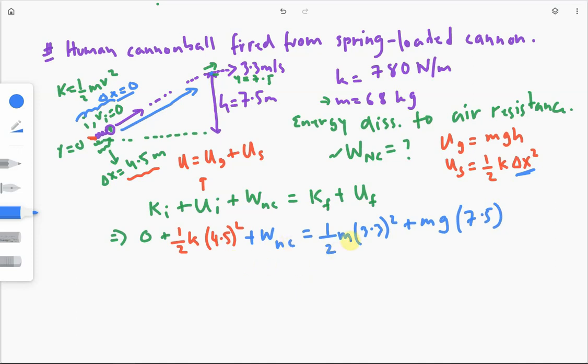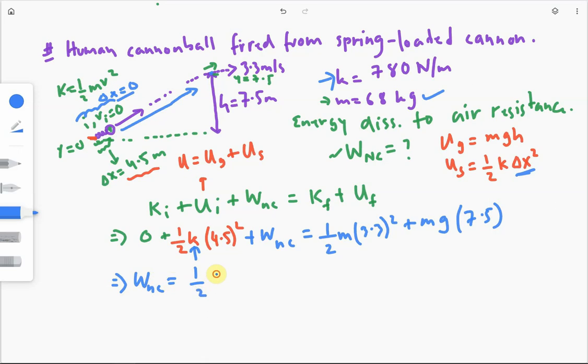We cannot divide off the m terms like we did before because not all of the terms on both sides of the equation have m. So we actually need a mass, and that is given to us. We also need this k, the spring constant of the spring in the question, and that is also given to us. So we have everything, and we want to solve for W non-conservative. Let's keep W non-conservative on one side and bring everything else to the other side.